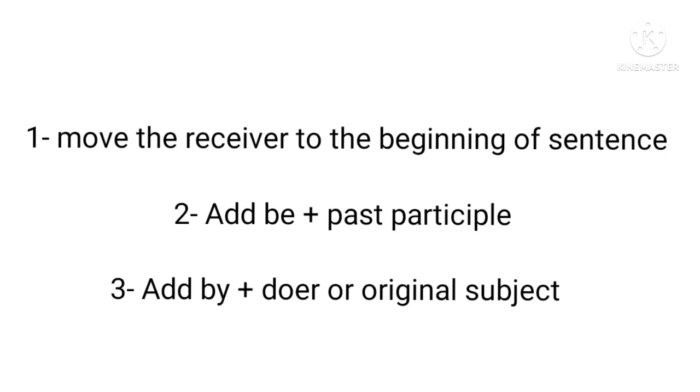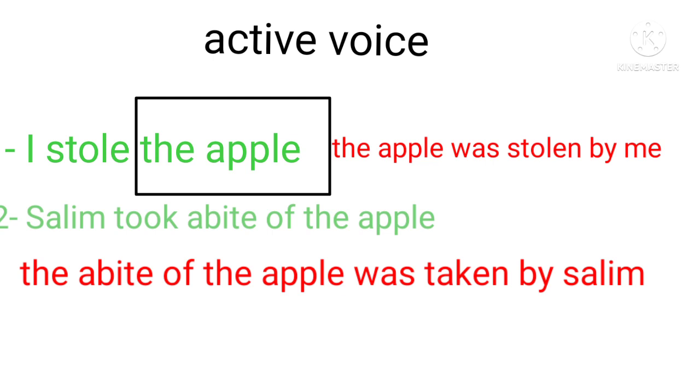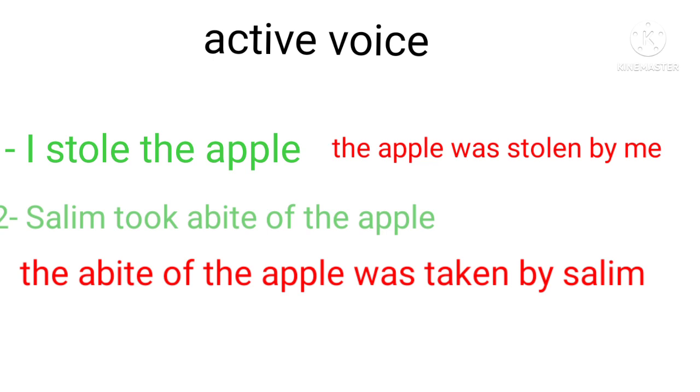Okay, let's try to change this sentence to the passive voice. I stole the apple. Salim took a bite of the apple. Okay, now we follow the three steps. The first step will start with the object or the receiver of the action. Move it to the subject position. What is the object? The apple. We add apple here.